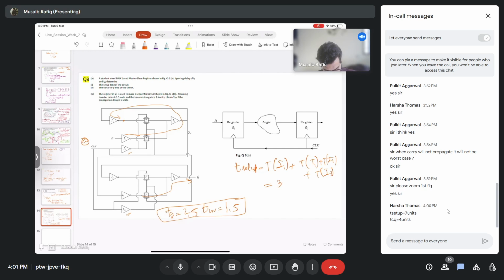So basically 3 into 1.5 plus 2.5. So 4.5 plus 2.5 is 7. And T clock to Q will be equal to T of T3 plus T of I8. So it will be 2.5 plus 1.5, that is 4.